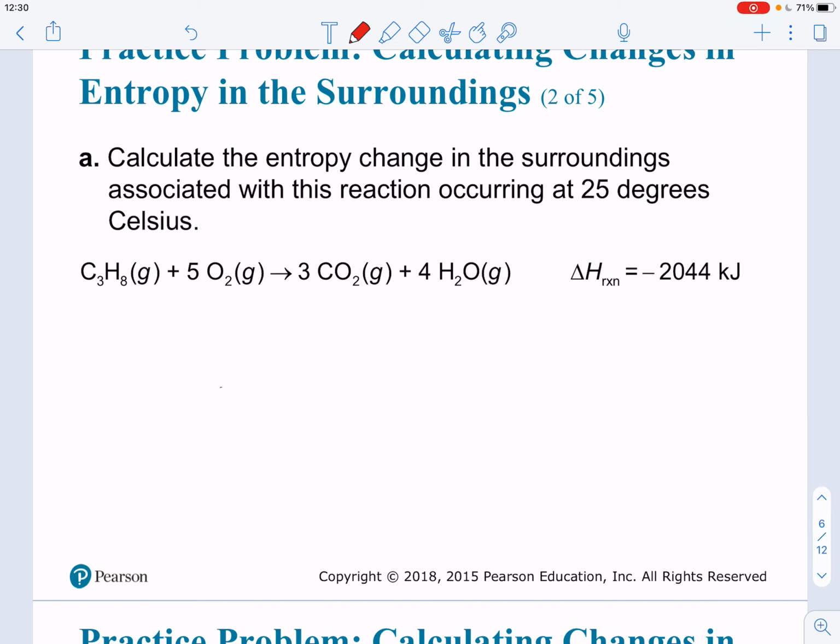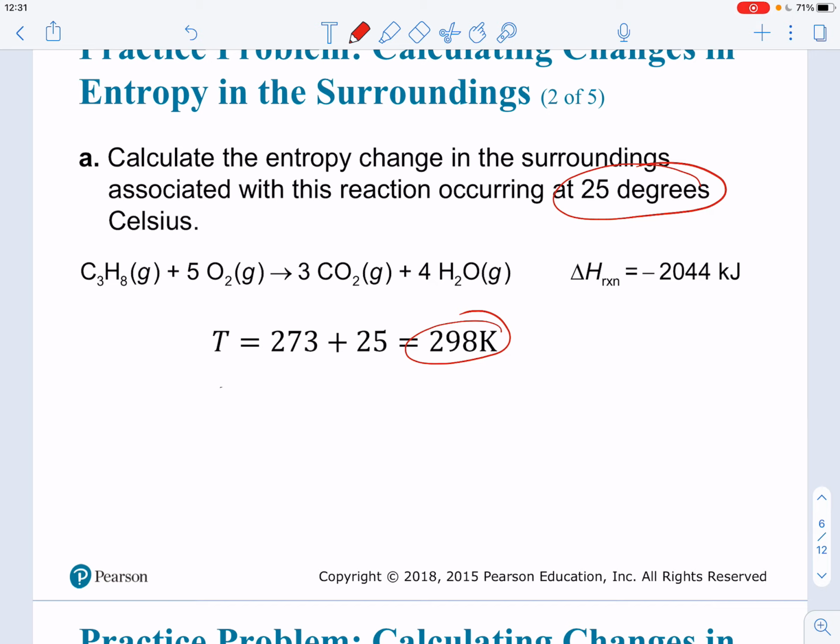So the first question is calculate the changing entropy for the surroundings, and basically what we have here. So number one, we have 25 degrees that we have to convert to Kelvin. Okay, so Celsius to Kelvin, you just add 273, so it's 298. Make that a habit. Anything that you're going to be doing with temperature has to be in Kelvin degrees.